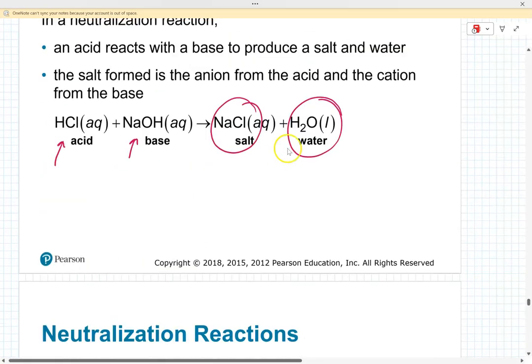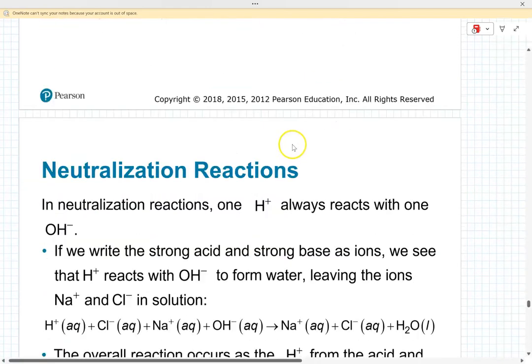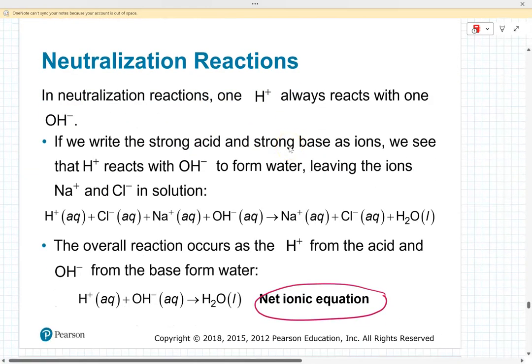Hydrochloric acid, HCl, is a strong acid, which means in the aqueous solution, it exists as individual ions. Make sense, right? Same is true for sodium hydroxide, which in aqueous solution exists in a form of individual ions. So those ions are kind of floating around. Does that make sense to you?